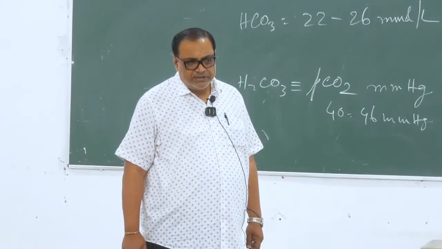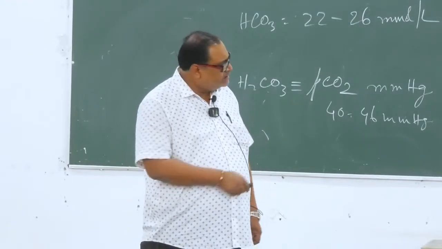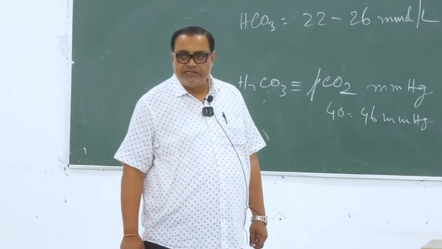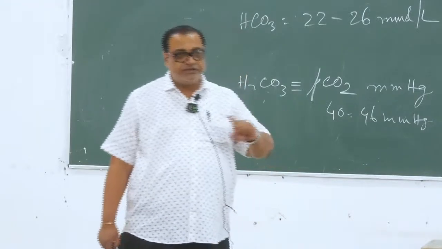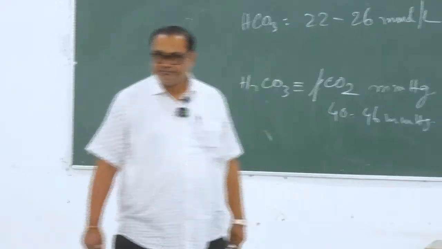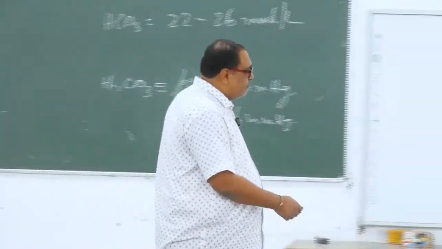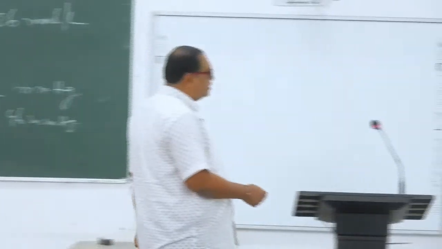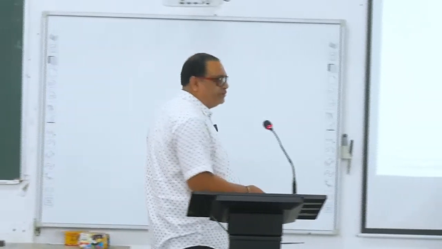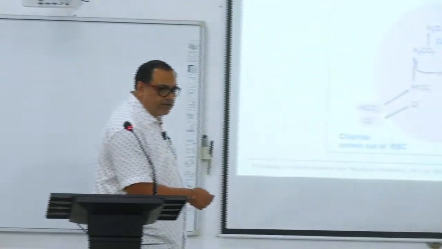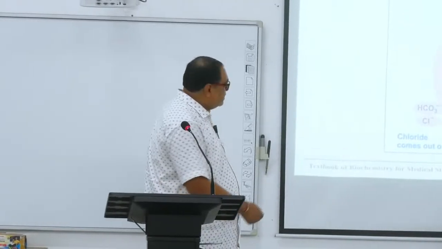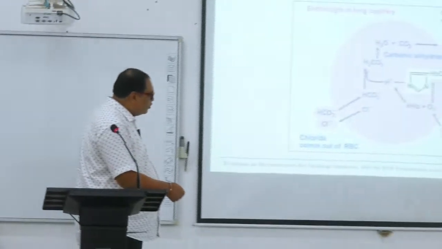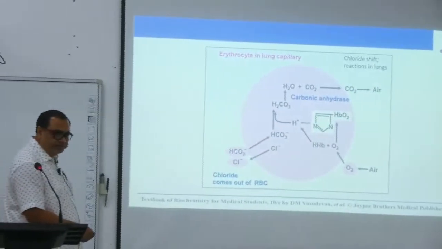Only thing is, pH inside this cell slightly changes, and that will give a signal to carbonic anhydrase in which direction it has to work. Fine. The H2CO3 is then broken into H2O plus CO2. CO2 being gas, it can come out of the RBC easily. The vacancy is filled up by O2 from the alveoli.